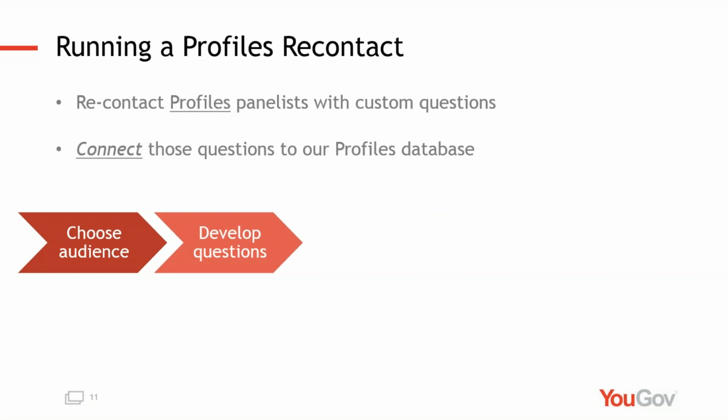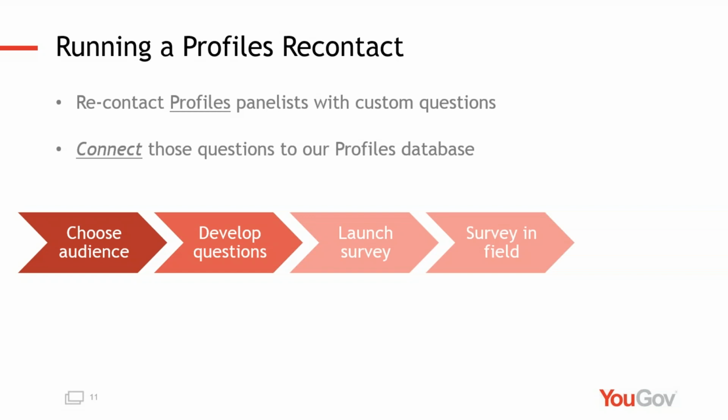We'll then help you develop the questions. So we'll be looking at the profiles database to see what we've already got on those people and deciding where we need to fill those gaps and really answer your custom research needs. The Profiles Recontact survey goes out to people from the most recent profiles database, and the fieldwork time is generally very quick.